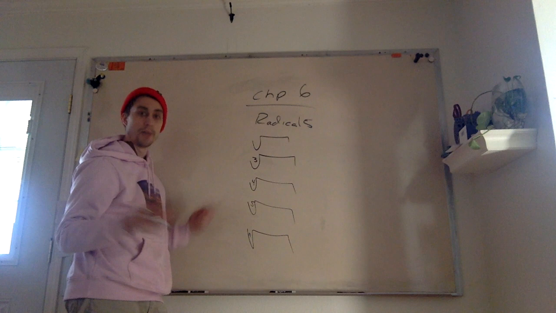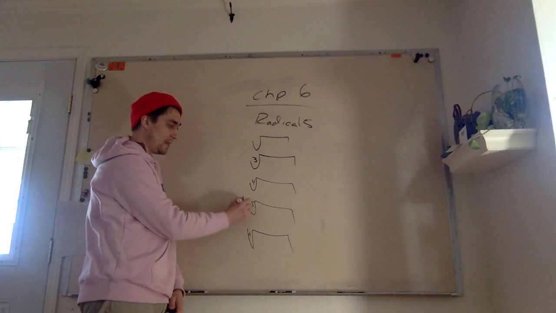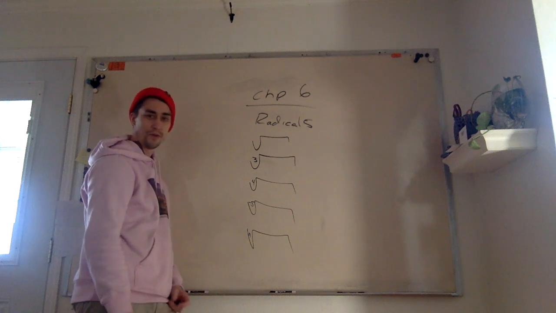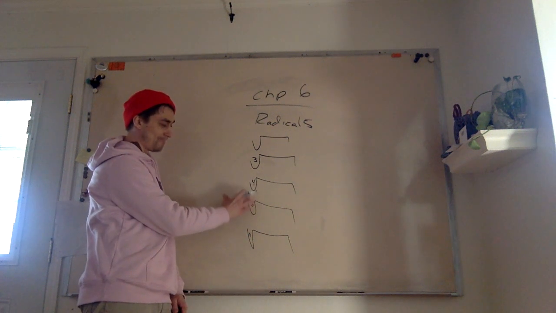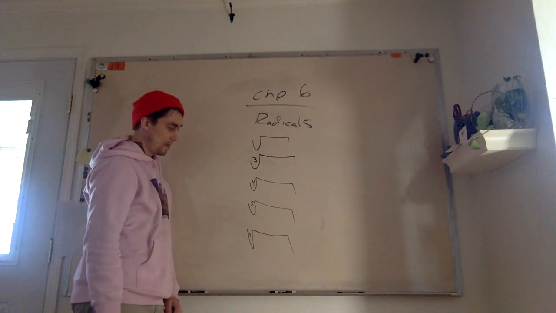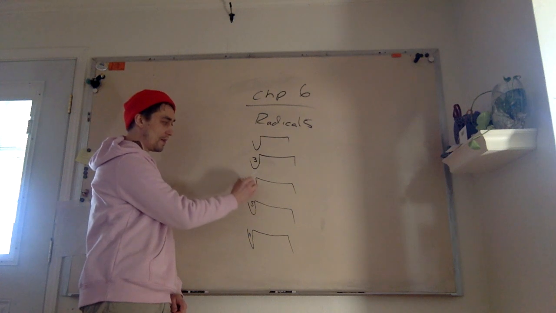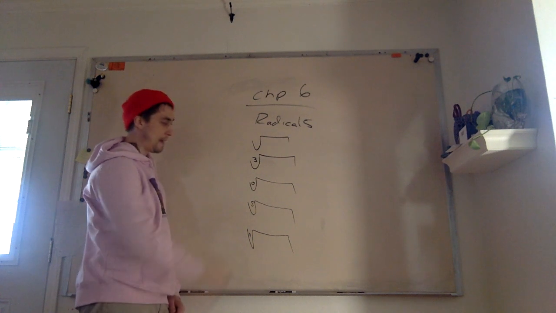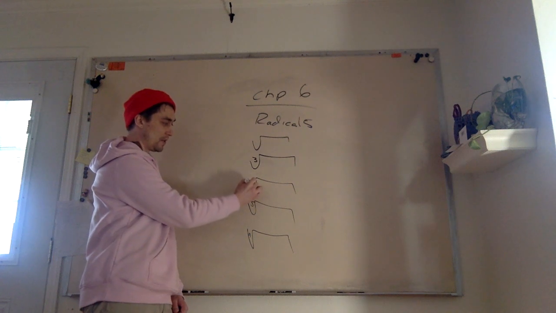N could be any positive whole number. You're never going to write a negative in here, so the negative 5 root doesn't make any sense. A 0 root would also be very weird. You'll only ever see positive whole numbers in this little nook.